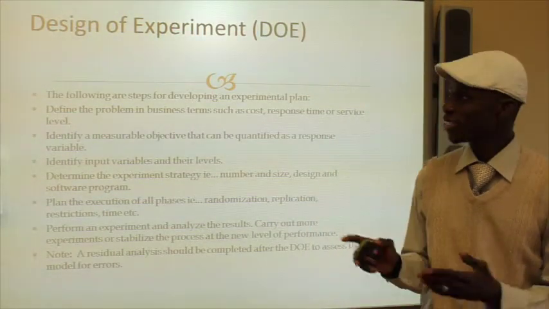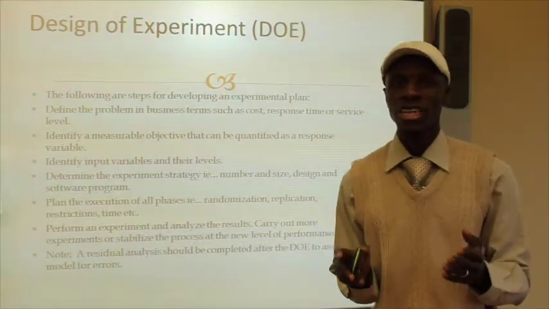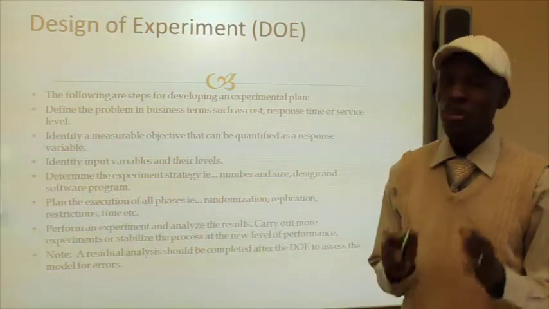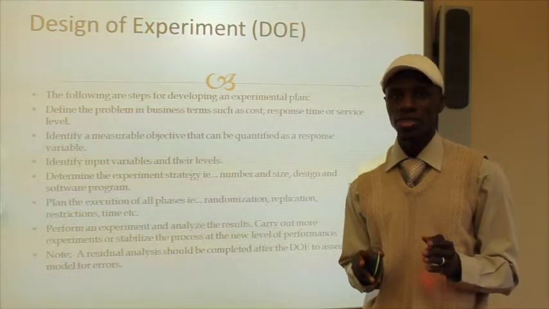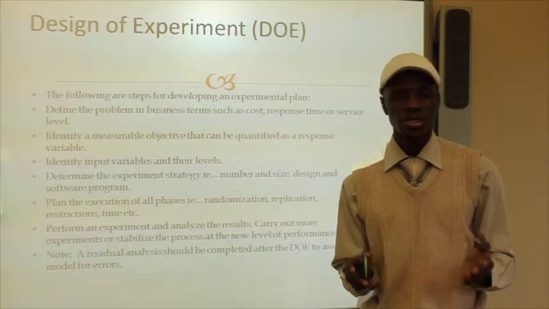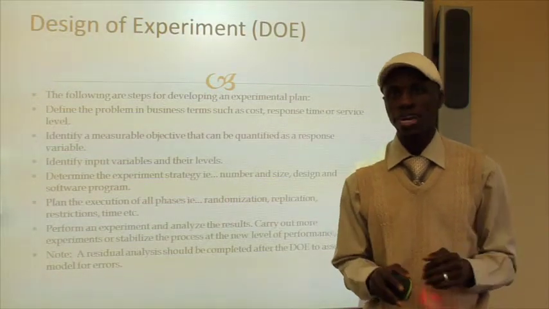Now, as you can see in this slide, I am going to talk about the steps to develop an experimental plan. The first step is to define the problem in business terms, such as service levels, cost, or response time.